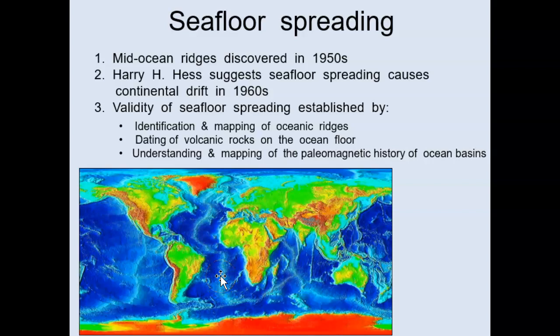So South America was nearly at the equal distance to the ridge itself as was Africa, but in the opposite direction. So if seafloor spreading did exist indeed, then perhaps these two continents were once one large landmass, as was suggested by Alfred Wegener a few decades before.